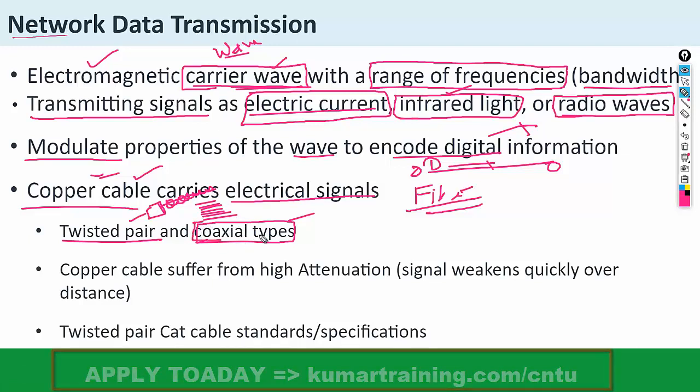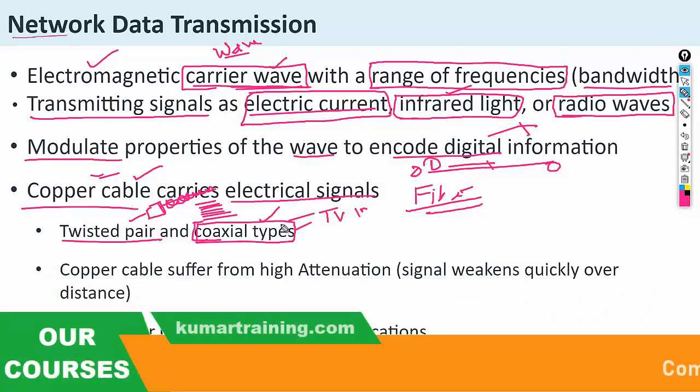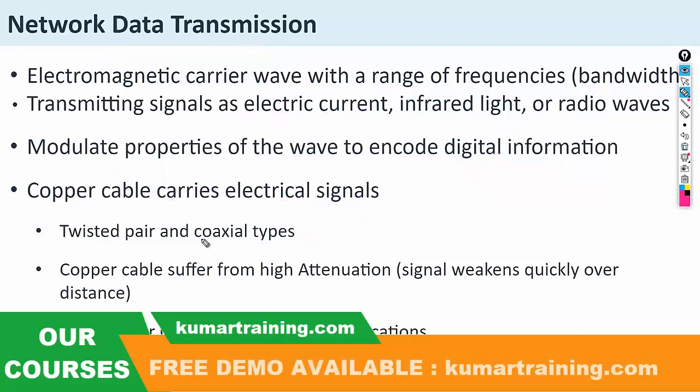Another is the coaxial type of cable. If you have a TV connection at your home, you can see coaxial cable is mostly used. And of course on the roof you have seen lots of coaxial cable. Local TV distributors use this coaxial cable.